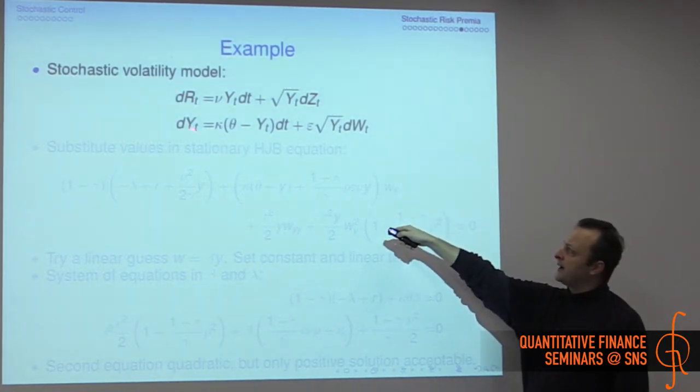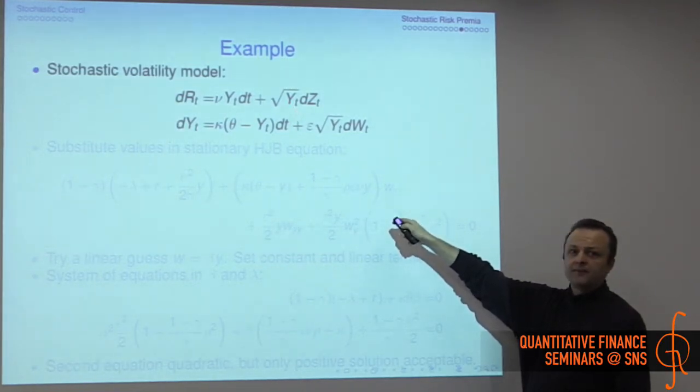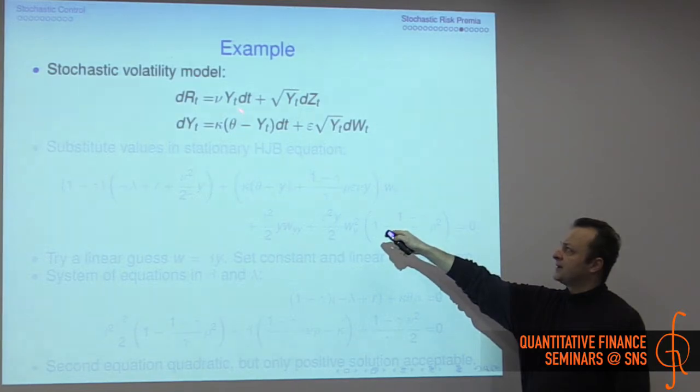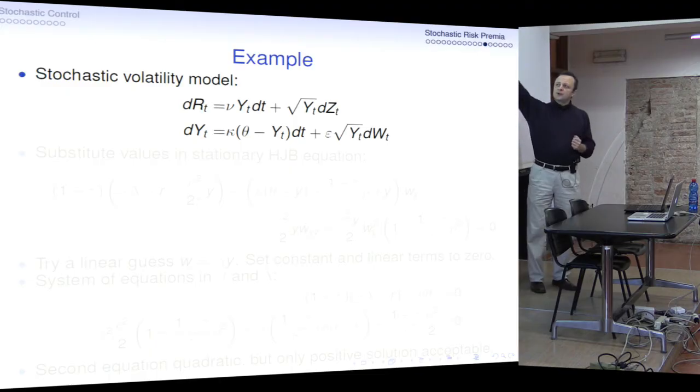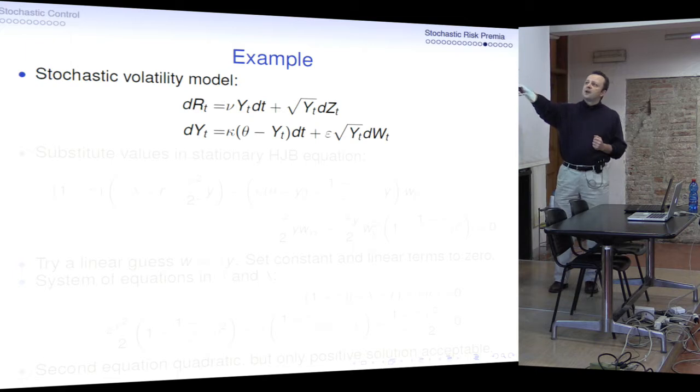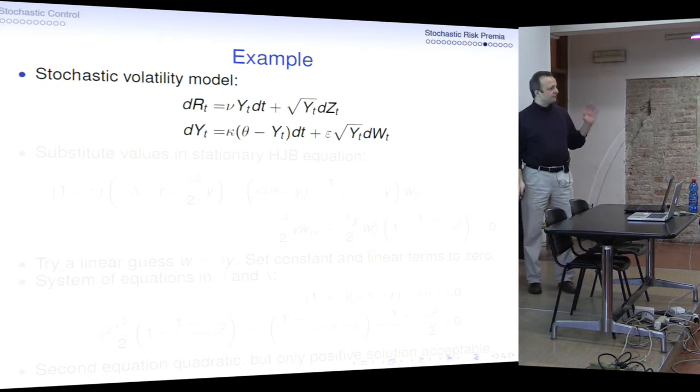The state, Y, controls two things. One is the squared volatility, and the other is the risk premium. So we consider this model, which allows for time-varying risk premium, and we see how this is going to fit into the framework that I have discussed so far.